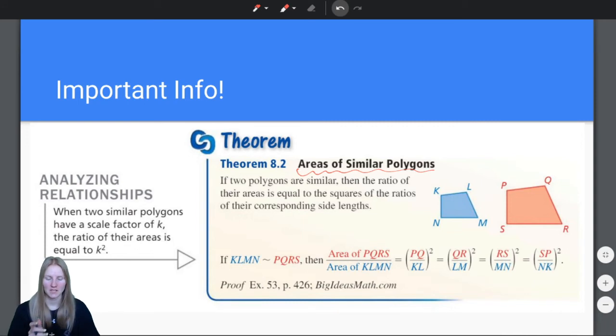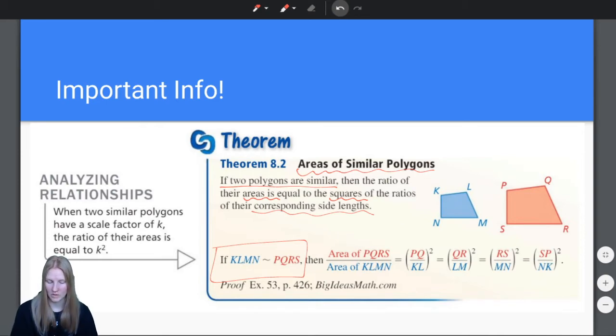The area of similar polygons theorem says if two polygons are similar, and if we don't know that they're similar, we can't use this theorem, then the ratio of their areas is equal to the squares of the ratios of their corresponding side lengths.